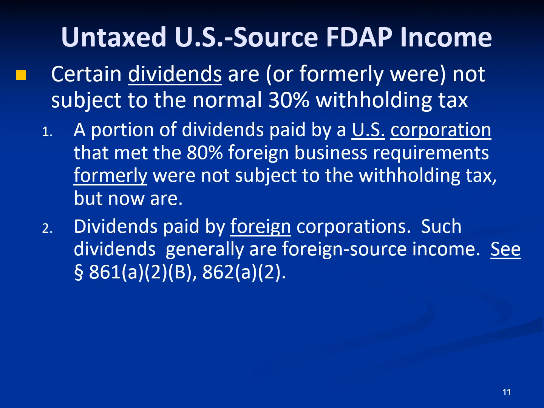Second, dividends paid by foreign corporations generally, as we know, are foreign source income under Section 861(a)(2)(B) and Section 862(a)(2). Therefore, such dividends are not subject to the normal 30% withholding tax, because one of our 5 requirements for this taxing regime to apply is that the income in question must be U.S. source.